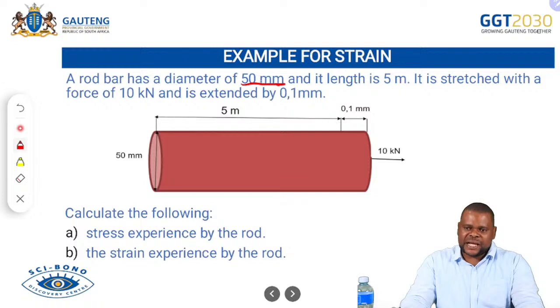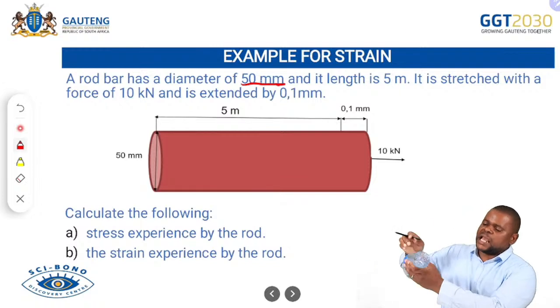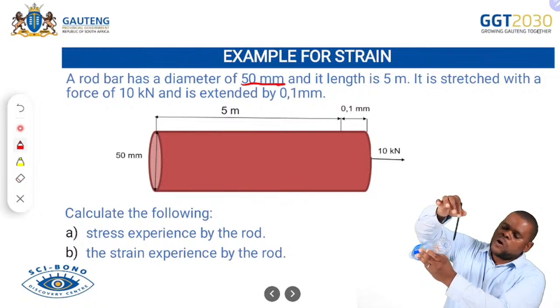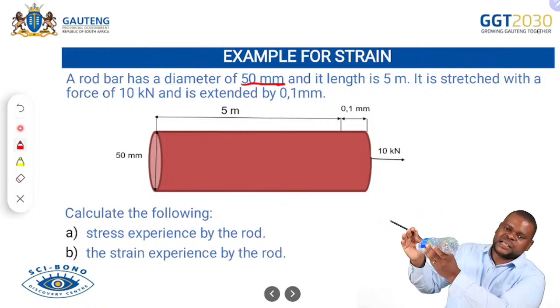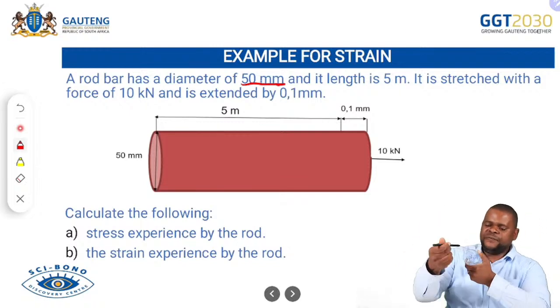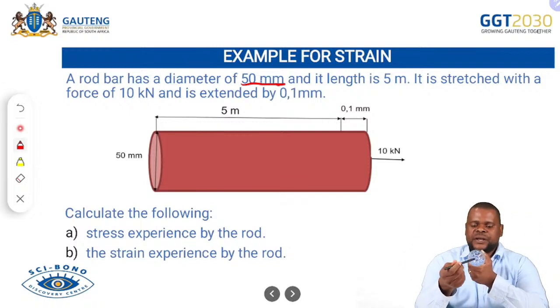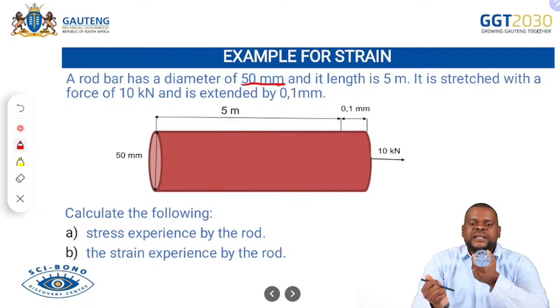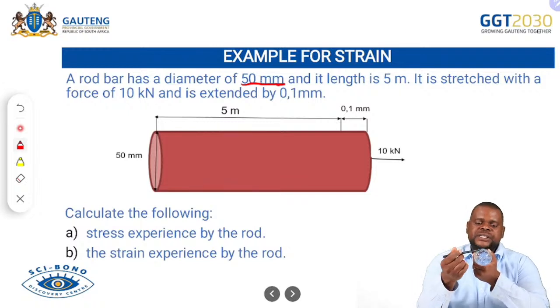What is a diameter? Diameter is the length from one end of a circle to the other end, from the bottom to the top. If the circle has a center, from the center to the circumference we call it a radius. A diameter is a radius plus a radius.